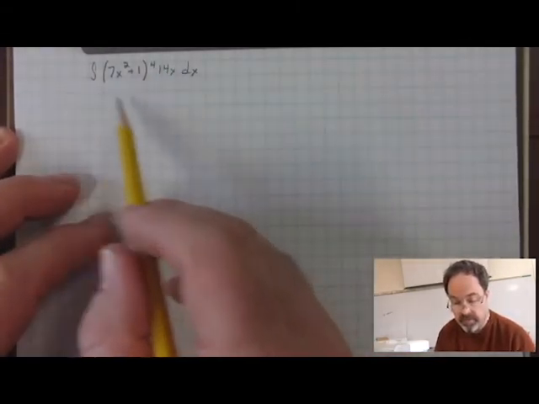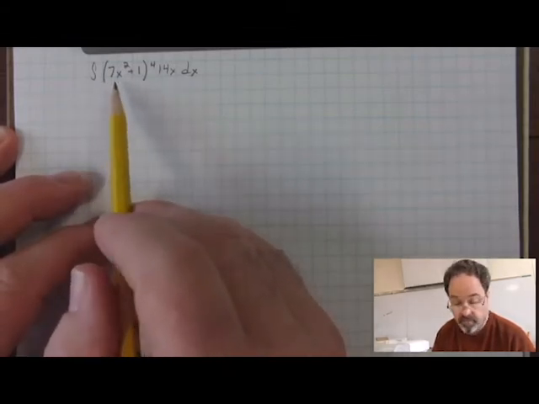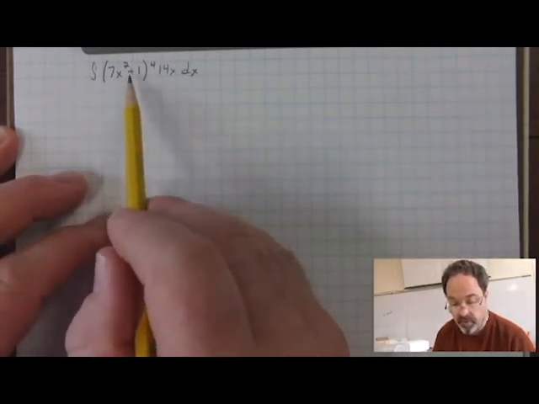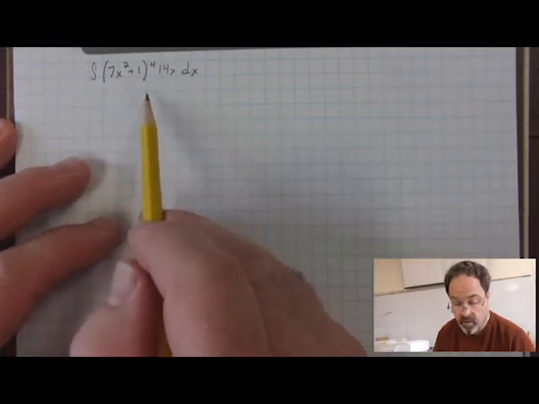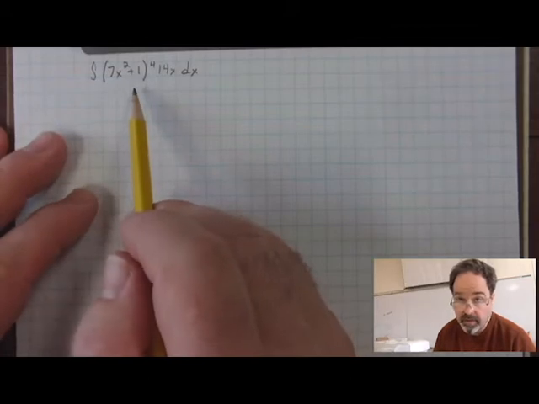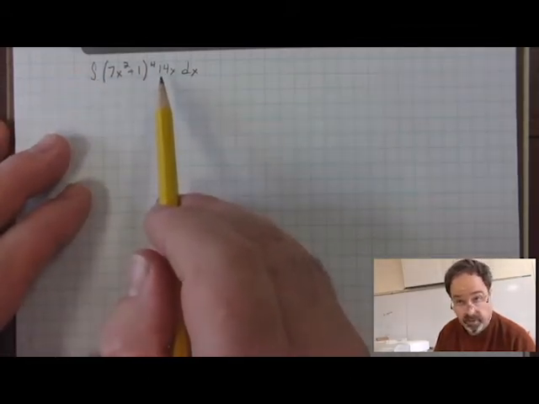Taking a look at this integral, you may be asked to find the antiderivative of (7x squared plus 1) to the fourth times 14x. One perfectly acceptable way to integrate is to guess and check.